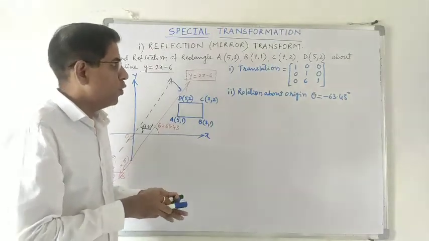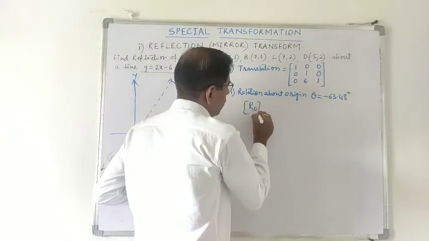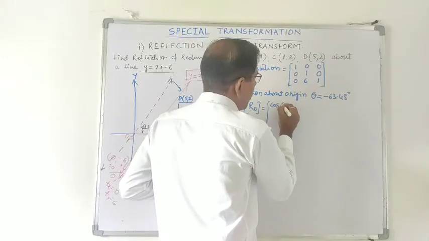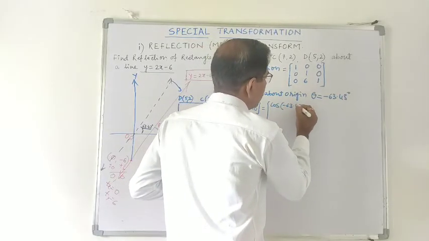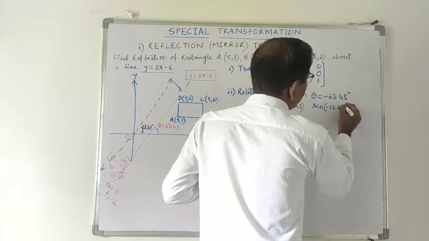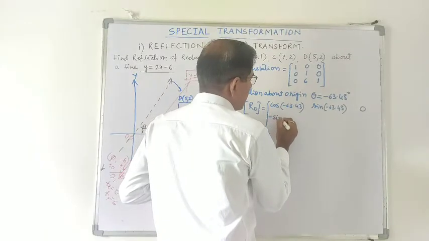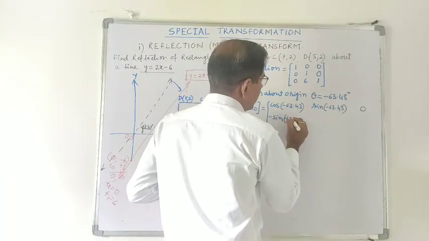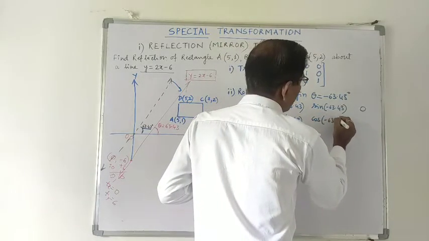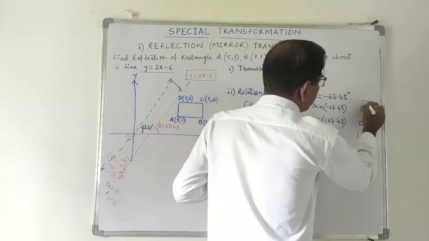So this rotation matrix would be cos of minus 63.43, sine of minus 63.43, 0; minus sine of minus 63.43, cos of minus 63.43, 0; 0 0 1.